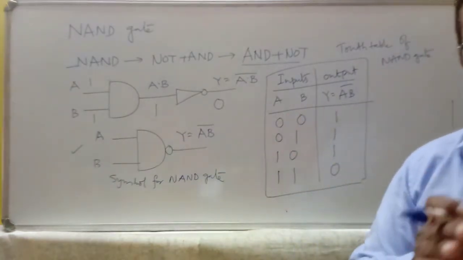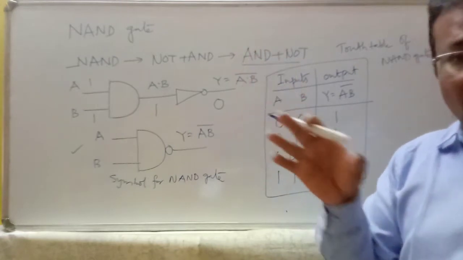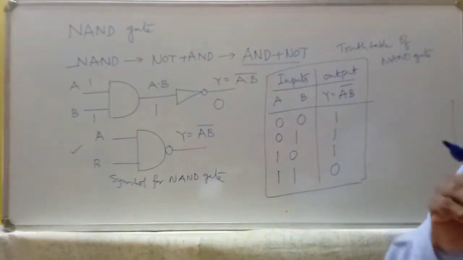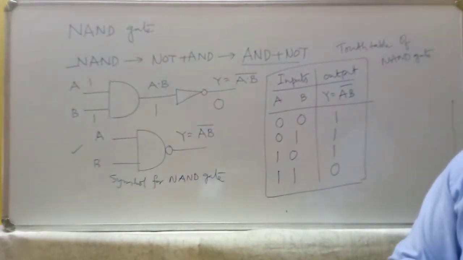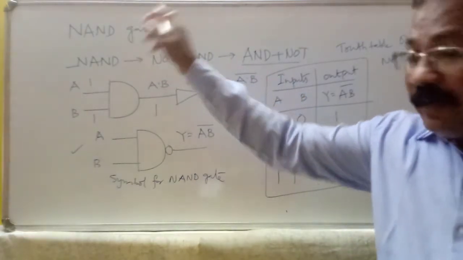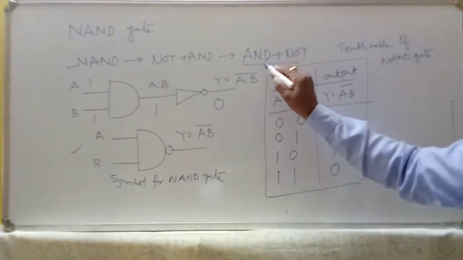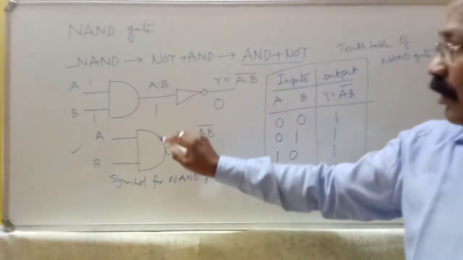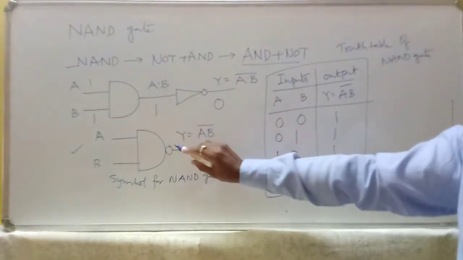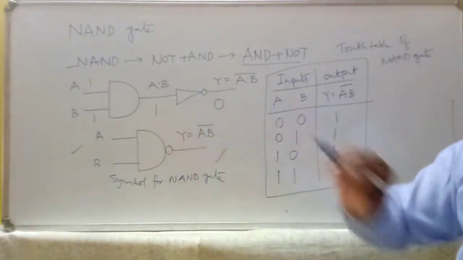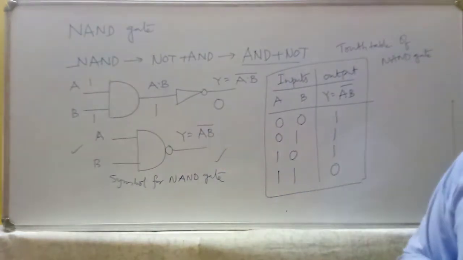Whatever the output obtained at the AND gate, its complement is the NAND output. So NAND gate is the combination of AND gate and NOT gate. This is the circuit and this is the symbol of the NAND gate.